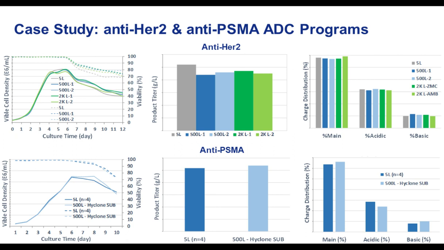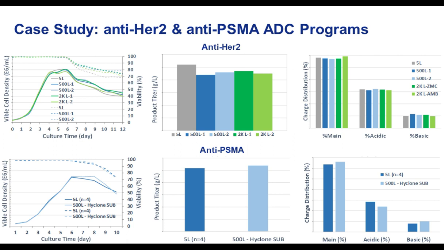Anti-HER2 is our first clinical program. In this case study, we successfully scaled up from 5 liter to 500 liter and then 2,000 liter. We built up the scale-down model, and later we implemented the anti-HER2 scale-down model to develop the anti-PSMA program.